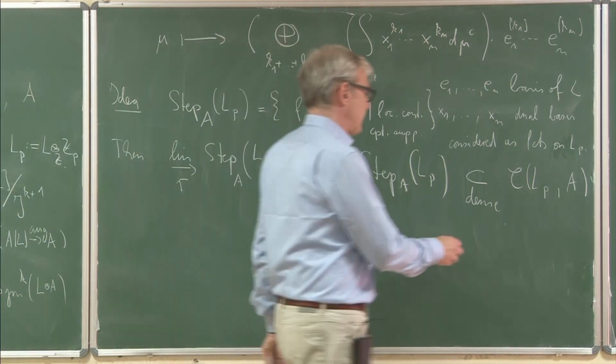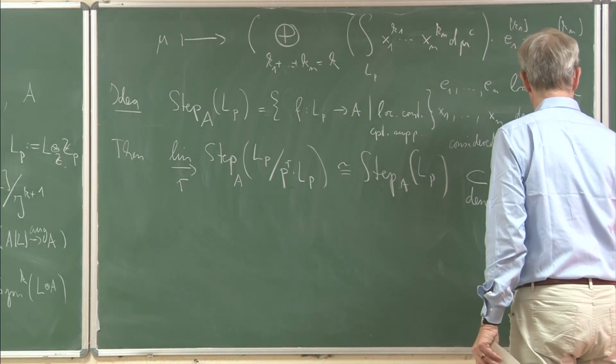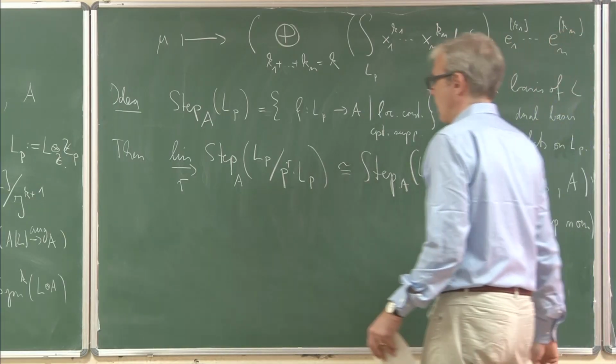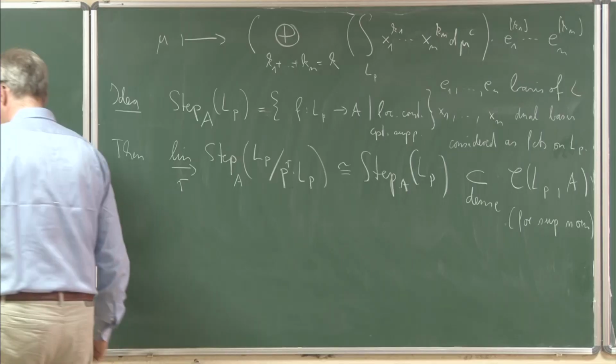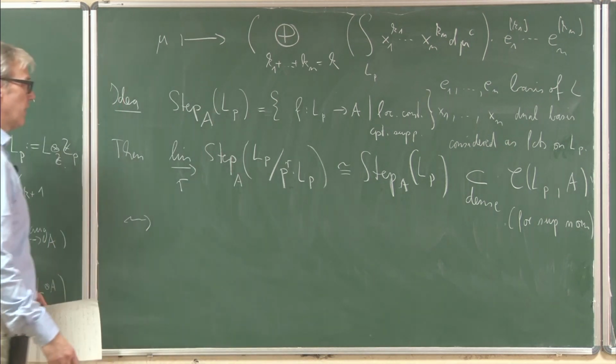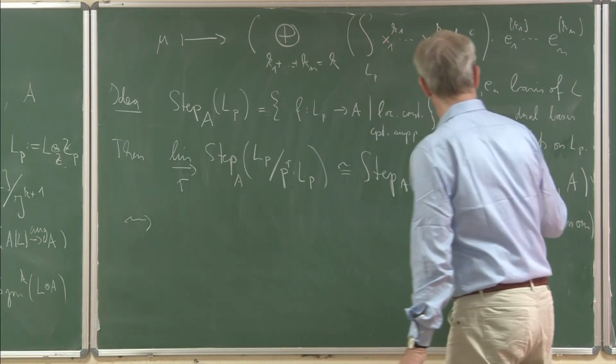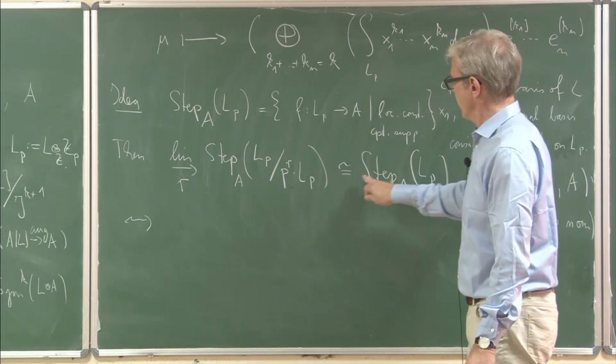So this is dense. Here you put the sup norm, yeah? And so this implies, if you look carefully, that the measure is the dual space here. This is determined by this.